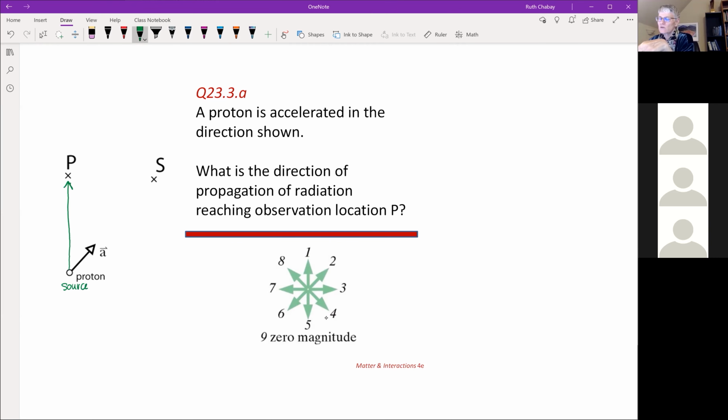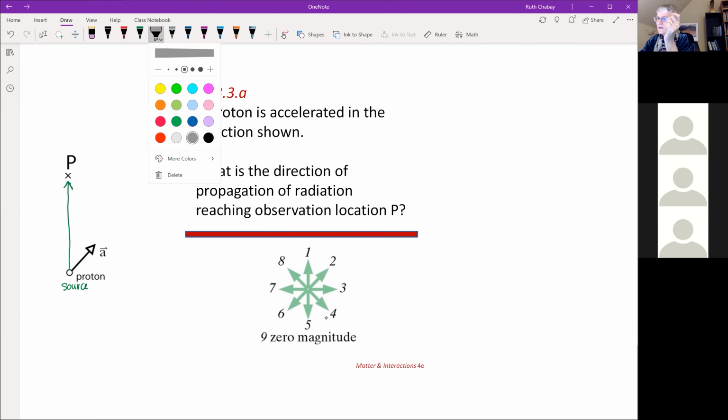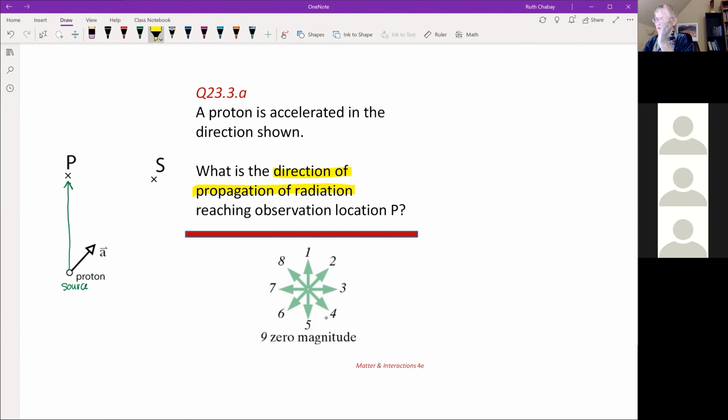So this is an important concept here, the direction of propagation. And it sounds like it's got a lot of big words in it, but it actually just means the direction from the source to the observation location. That's all it means. So 1 is correct.